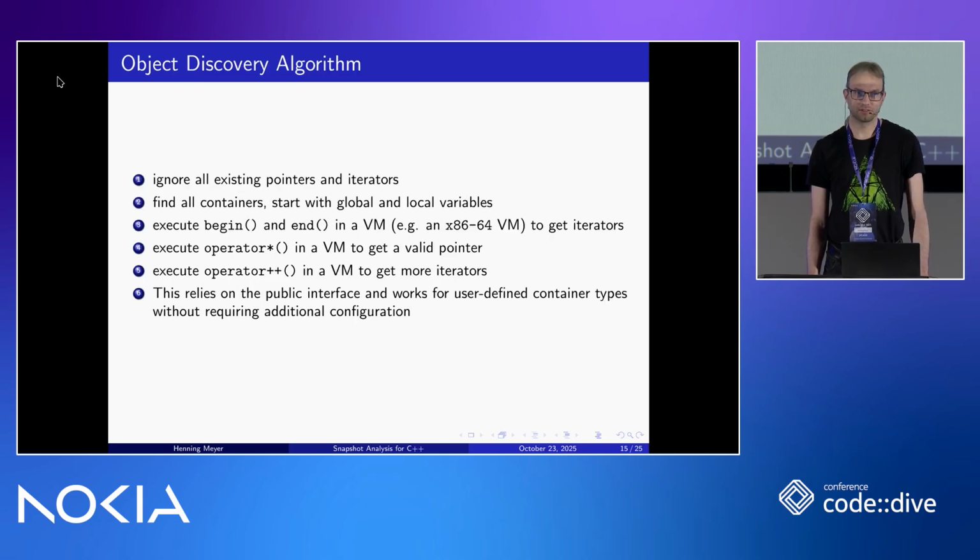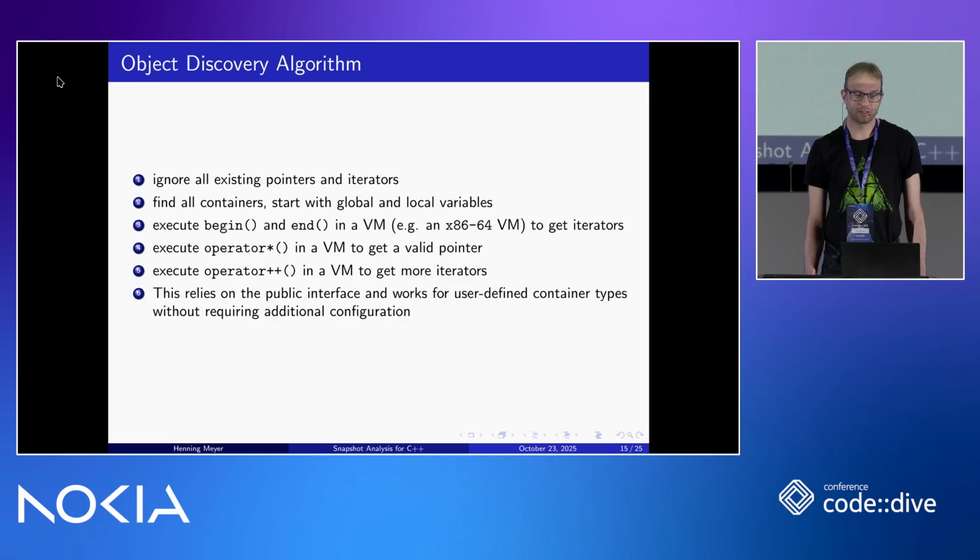And so this is the algorithm that I use to find objects in a running program or in a core dump. I ignore all existing pointers and iterators. I look at the local and global variables.